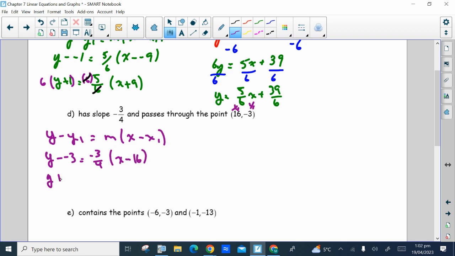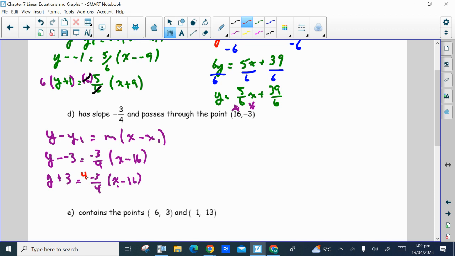Again, the minus minus becomes a plus positive. That is the equation in point slope form, but we want to write it in slope intercept form, which again is y equals mx plus b.